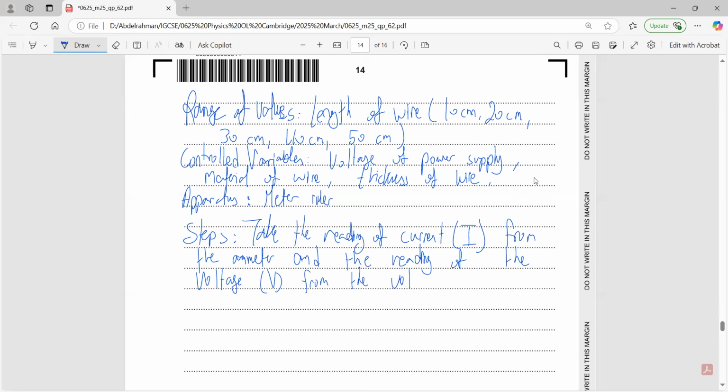So you have the voltage and the current. Calculate the resistance: R equals V over I. That is it. And then we will say repeat and take average. Okay, that's it for the steps.